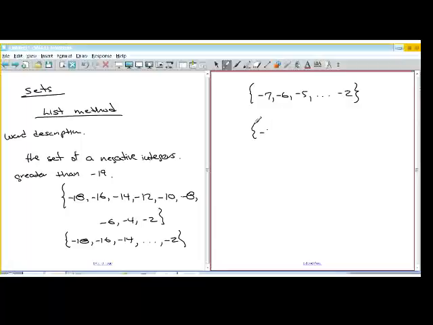This is what I would write down, and what you would write down is everything. You would say, okay, the first 3 numbers are negative, and they're getting larger, more positive, so I would fill in those 2 additional numbers that were left out by the abbreviation. So listing method means list everything, either starting from words or from an abbreviated set list.